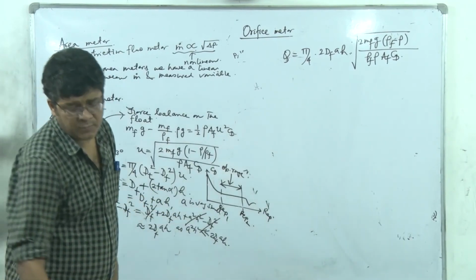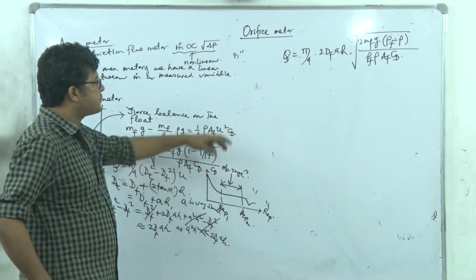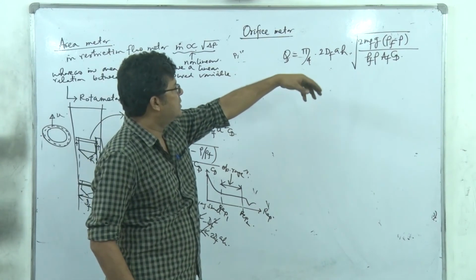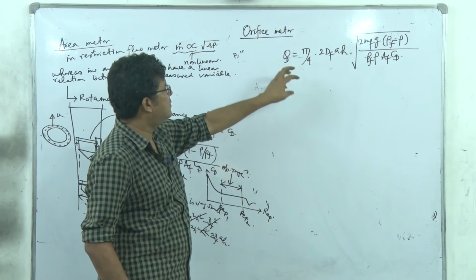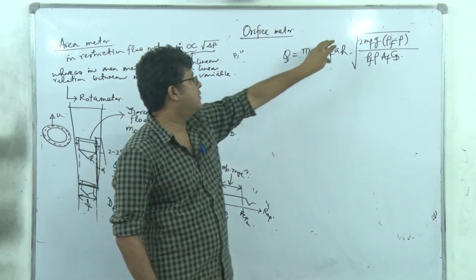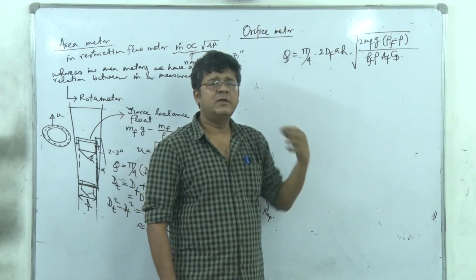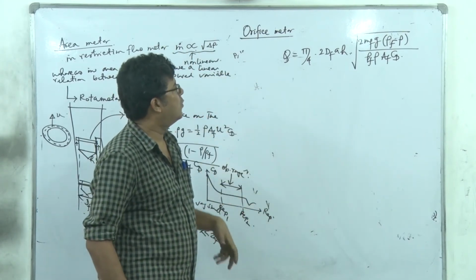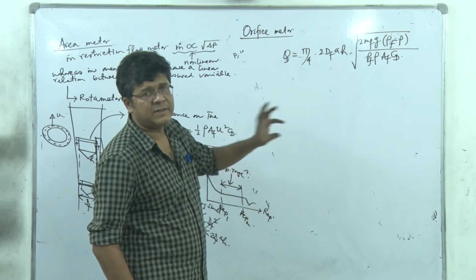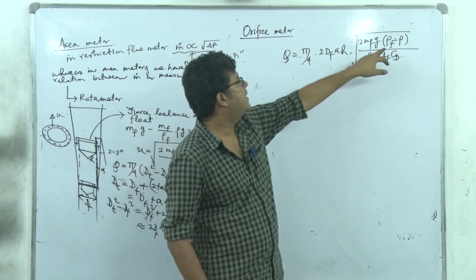Now sometimes we may have questions like, we have a rotameter operating with helium and we have got this much of H, this much of reading, right? Now if we change this gas to say carbon dioxide, what will be the reading? Nothing else is given, but rho f is given.